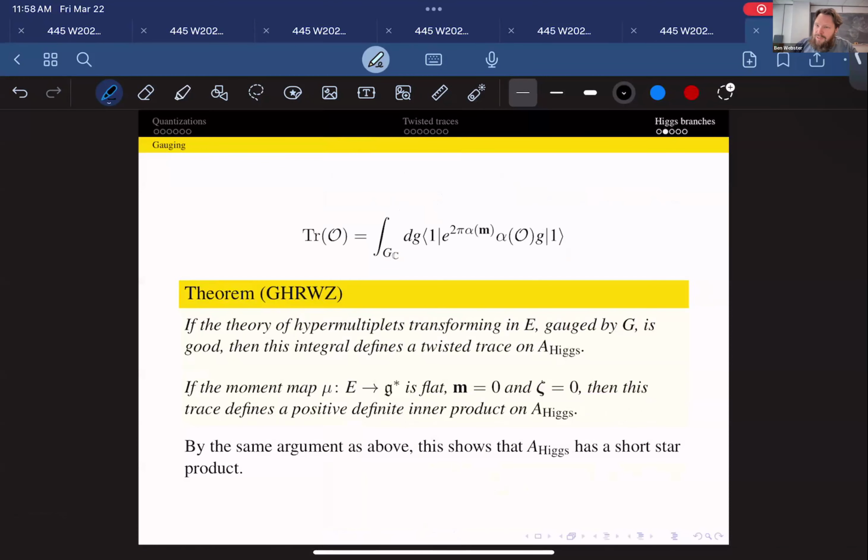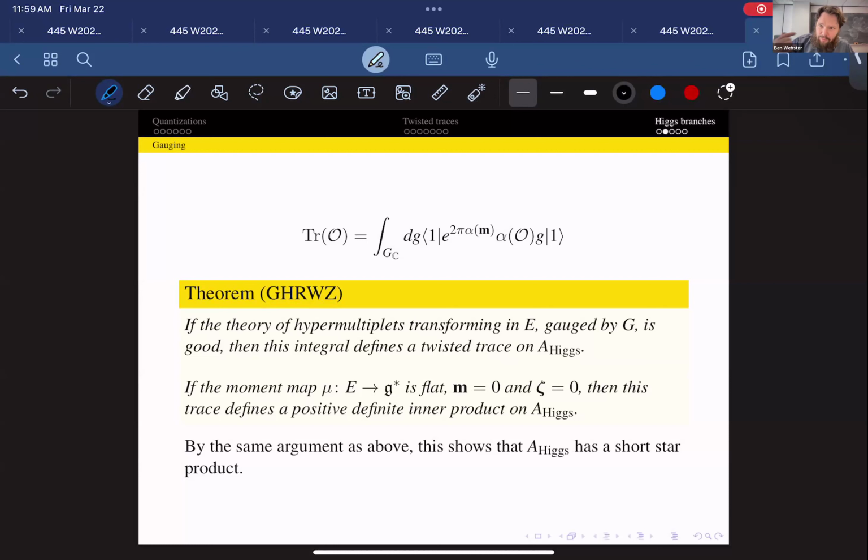Was there any attempt to get explicit expressions? Well, that's what we did in the abelian case. In the abelian case, you have this integral, and here I'm writing it as an integral over the complexified gauge group. But actually, this Gaussian is already invariant under the compact part.